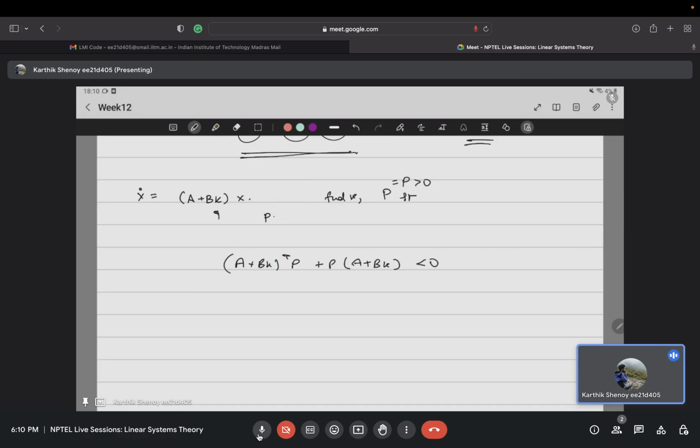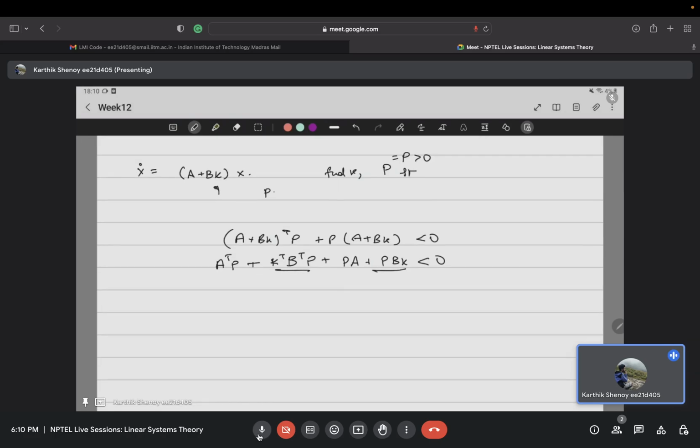But the problem is this is no longer an LMI because you have A transpose P plus K transpose B transpose P plus PA plus PBK. Now these two terms are not linear because they have a product of the unknown terms. So it's not a linear matrix inequality.